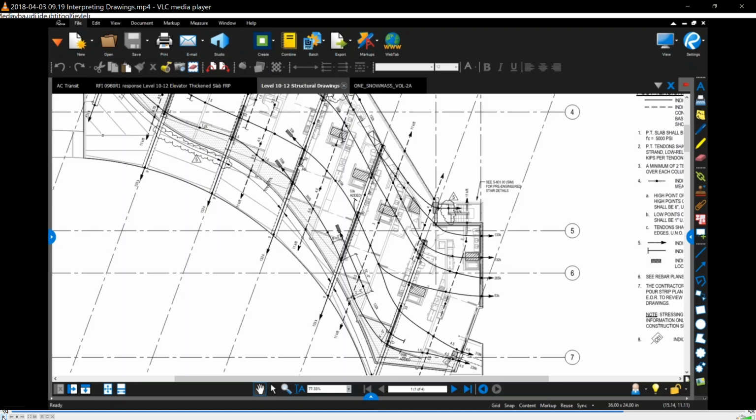Pretty good. Sorry. And I guess one thing, when we were talking about shop drawings versus contract documents, is both these drawings we're looking at now and the first drawings we looked at are post-tension contract documents. So the engineer of record made those post-tension drawings, but they are not the post-tension shop drawings.